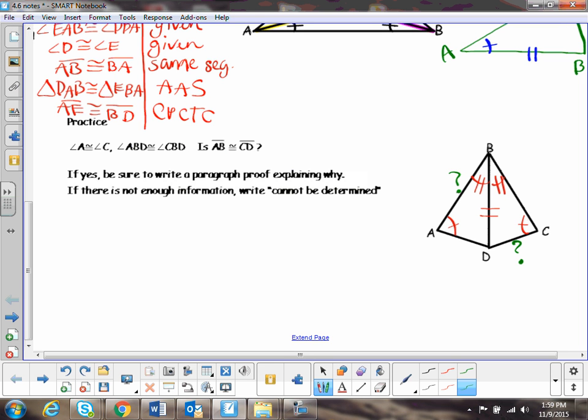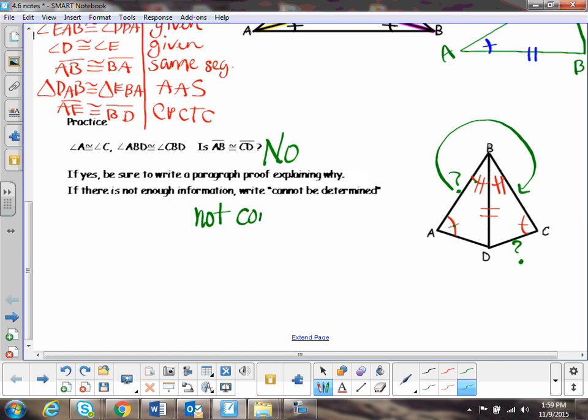That looks weird. We say AB is congruent to CD just by looks, but we need to make sure they correspond. This side over here is between the 1 and the 2, so this one corresponds to that one, not that one, right? So we already know the answer to this. What is it? No. And then you would explain it by saying they're not corresponding.